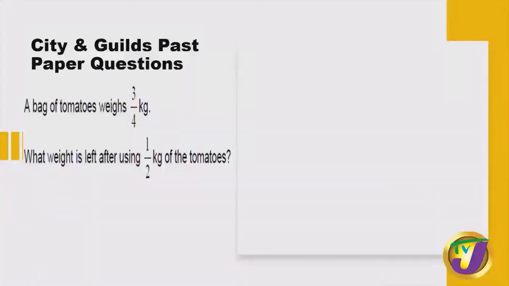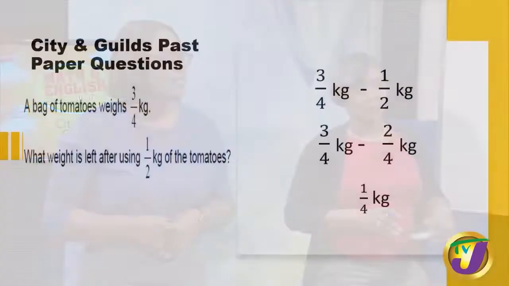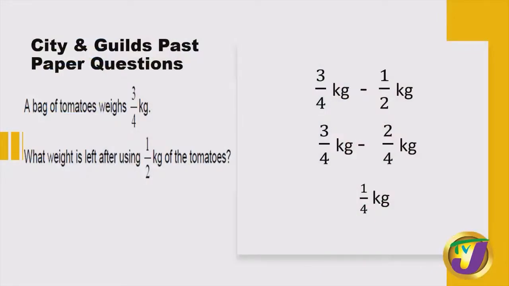So if I have 3/4 of a kilogram and I took out 2 quarters, I would have 1 quarter remaining. Good. So I've pretty much reasoned that one out. So there we go. We have a 1/4 kilogram of tomatoes remaining. And as you can see, we found an equivalent fraction in terms of quarters to represent our half. That is right.